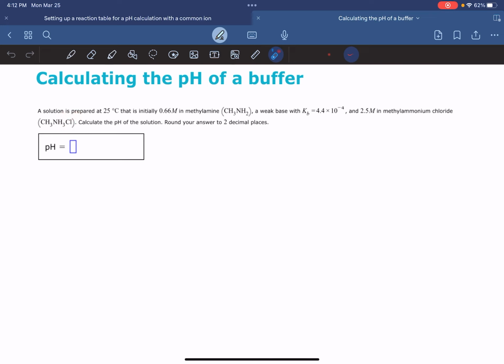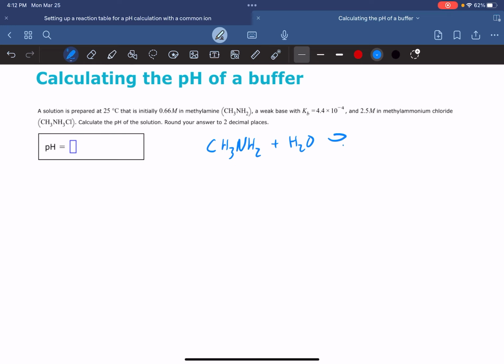So in reality, the two things that we have that are interacting with each other, and you could write the equation either way. I'm going to tell you right now, if I was doing this on the test, I wouldn't write out anything. I would just plug it into Henderson-Hasselbalch. But just so you know what we're dealing with here, we have CH3NH2, and if I wanted to, I could throw that into water.